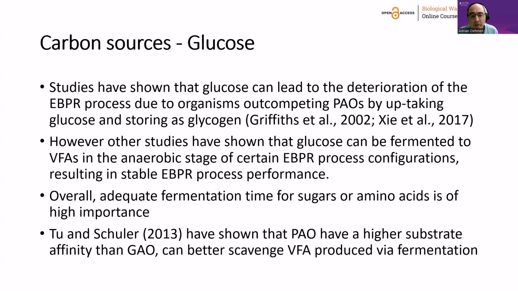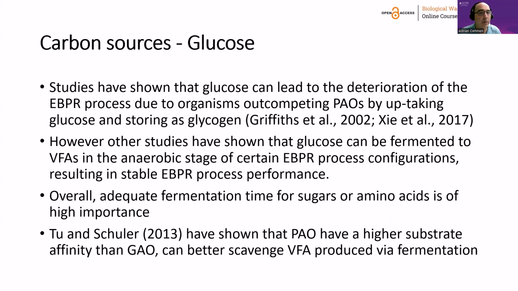If you have an anaerobic zone with a good fermentation time, that will favor the activity of PAOs because they have that capacity to better scavenge low concentrations of VFAs.